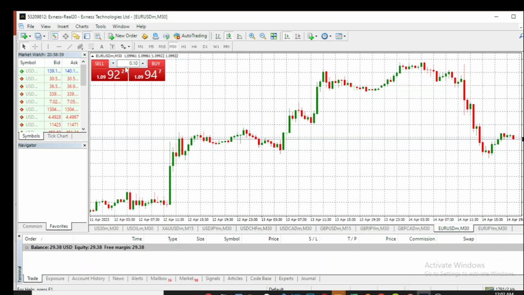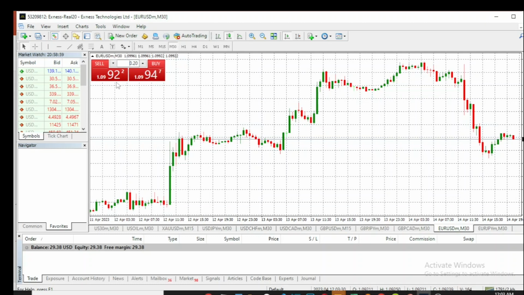So 0.09, we are still in micro lot. When I increase here, we have already gone into mini lot, because we said mini lot is represented by 0.1. If I increase, I'm still in mini lot. I cannot press buy or sell because, as I've said, we are in a weekend and I cannot trade.